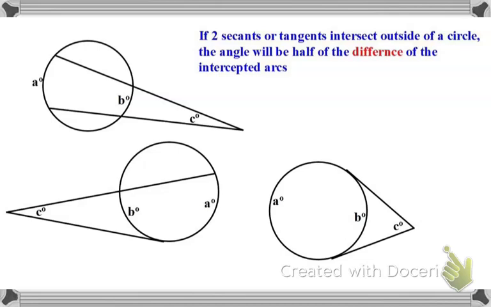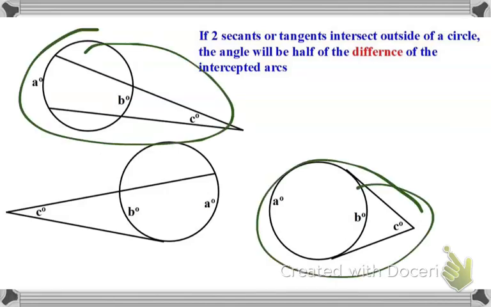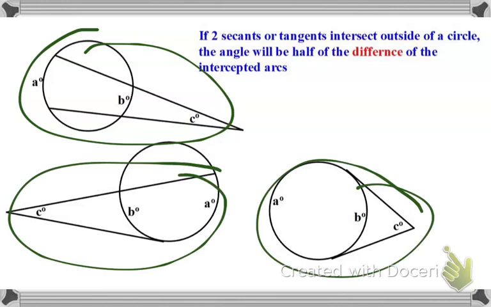All right? So we've got 3 situations here, either using both secants, both tangents, or a secant and a tangent. Either way, doesn't matter. What you end up with is 1/2 the difference of the arcs.